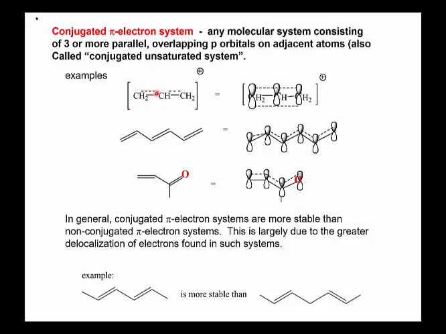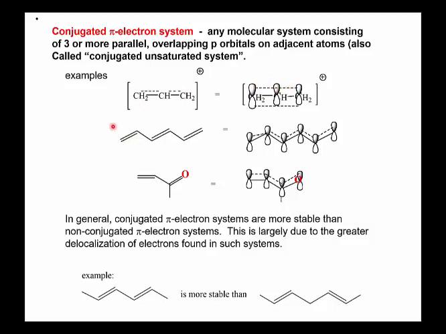All three p orbitals are parallel and overlapping. If you look closely, there are two pi electrons. Those pi electrons would be spread out over the two bonds, that is, spread out over the three p orbitals, a set of three p orbitals.